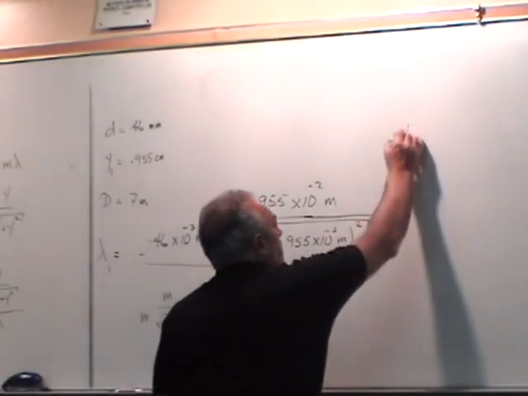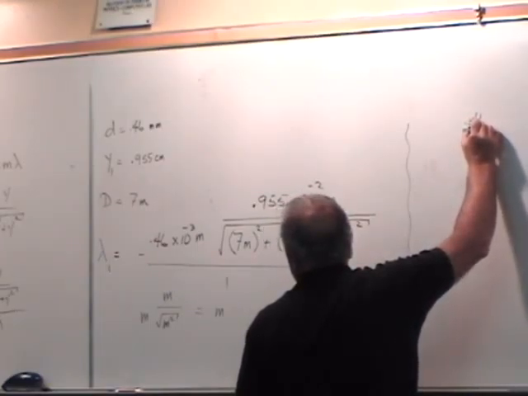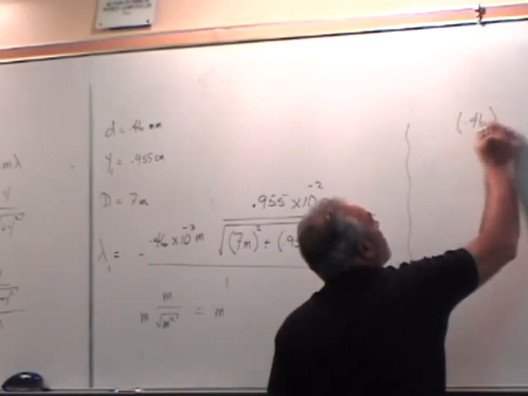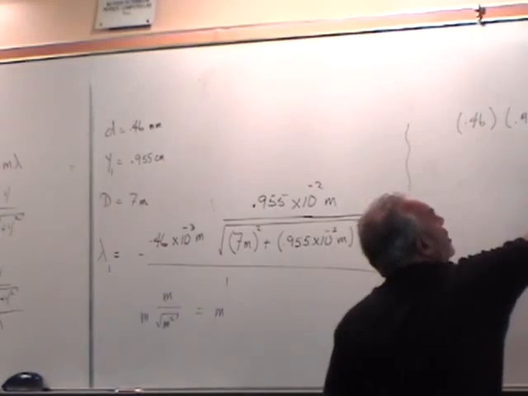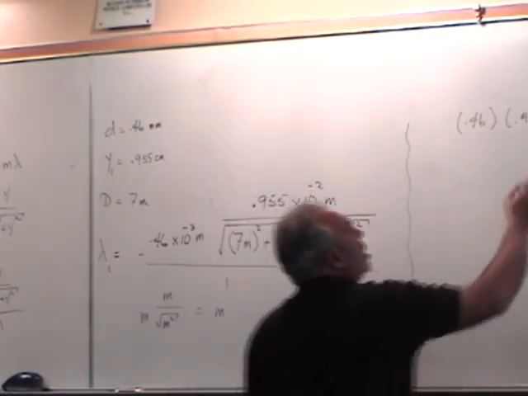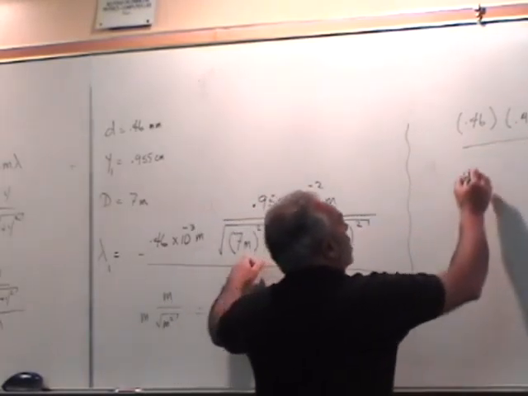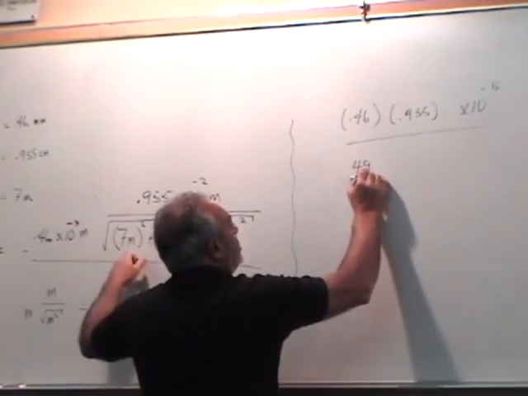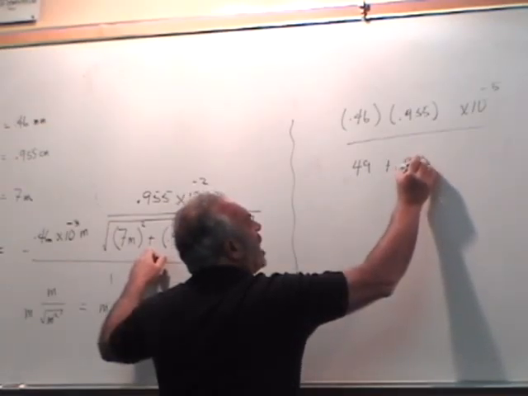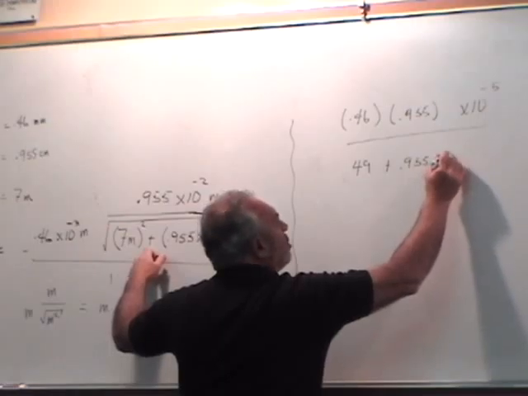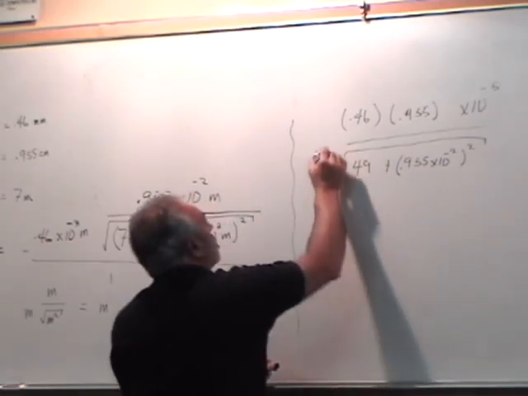And 0.46 times 0.955 times 10 to the minus 5 divided by, I don't know what this is, 49 plus 0.955, 10 to the minus 2 squared under the square root.